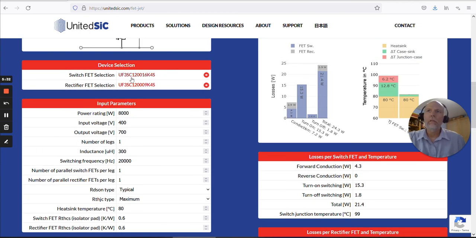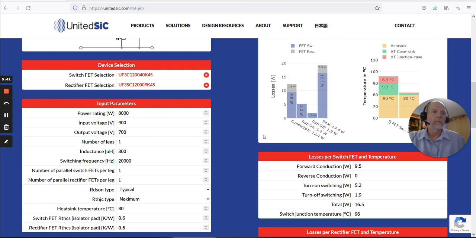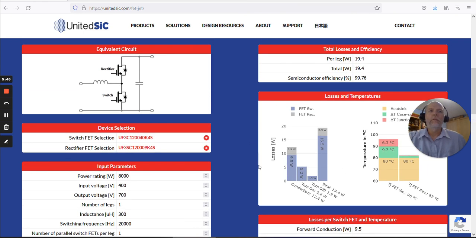So in that case, we might want to go back to a smaller FET with a little lower switching loss, and that's probably a good compromise there. You can see the conduction loss, turn on, turn off, and then total loss. As with the other topologies in the chart here, this is per device, and then the temperatures are on the right.